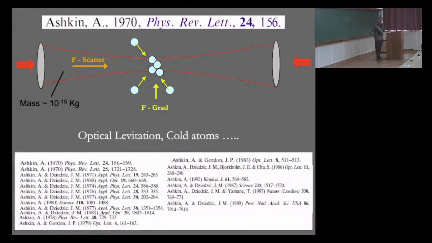But this had huge applications. In fact, look at the number of papers that Ashkin published over the years. And he was having a good time, clearly. Many of these applications, when this initially started, were based on understanding levitation of atoms. That's how people made Bose-Einstein condensates.